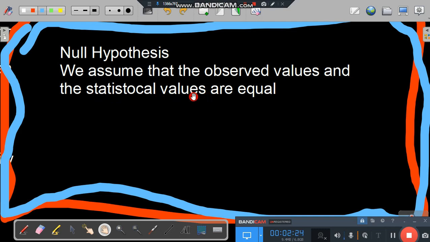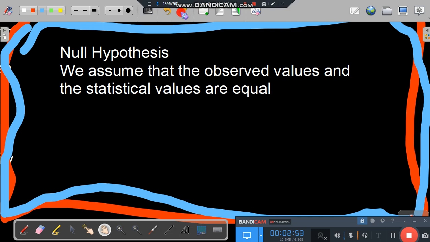From that table, for the given situation, we can have some values, and from the formula we will have an observed value. If these observed values are equal to the statistical values, then we say it is the null hypothesis.